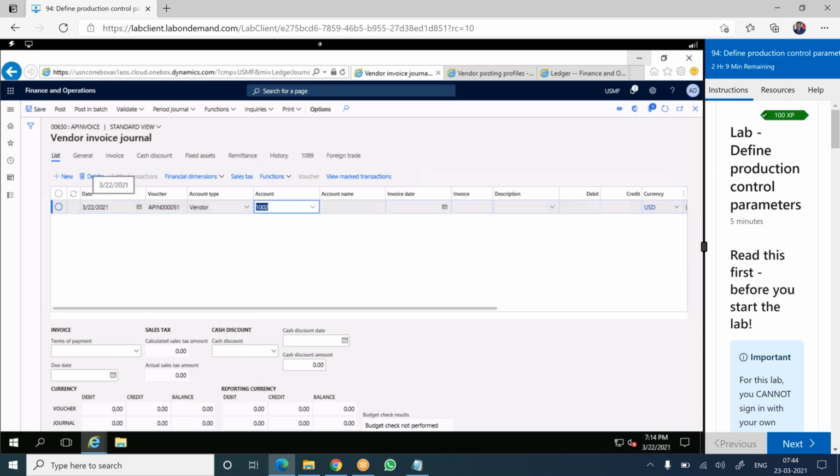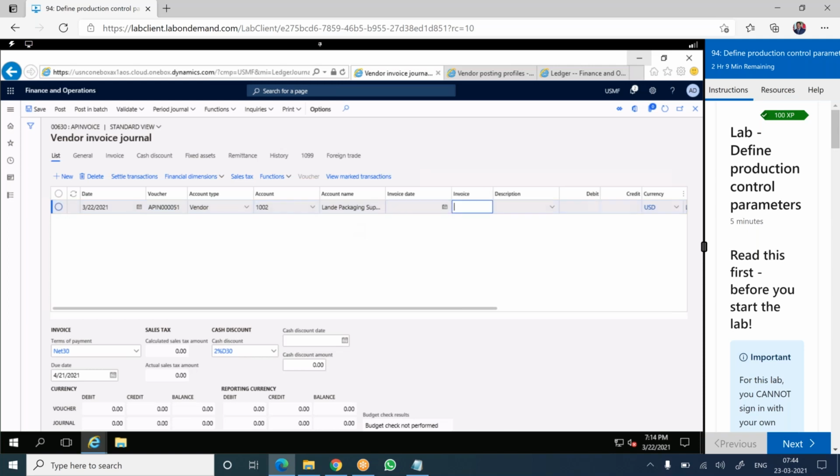Here the date is coming automatically. Of course, my application is US based, that is the reason it is showing 22nd, but actually in India it is 23rd, but in USA it is 22nd night. So click on tab and invoice number.